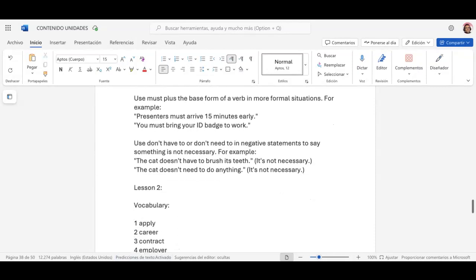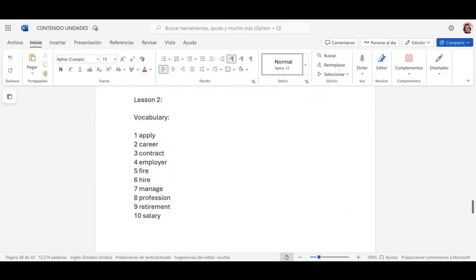Okay. In lesson 2, you learn this vocabulary. In this case, we are talking about employment vocabulary. Can you help me with the reading?